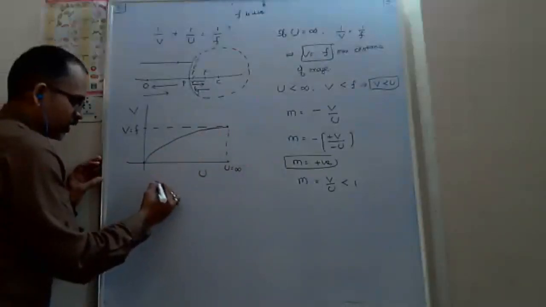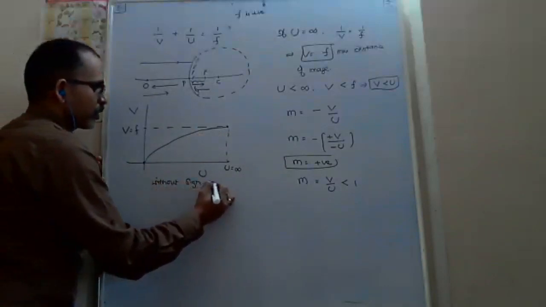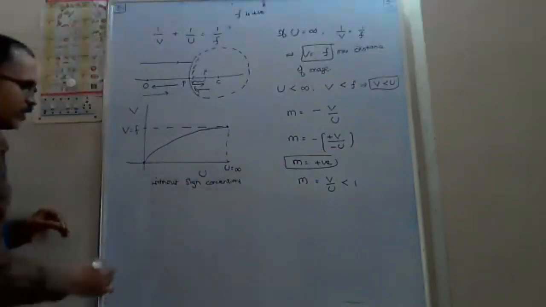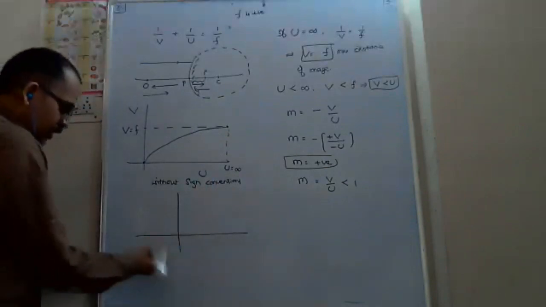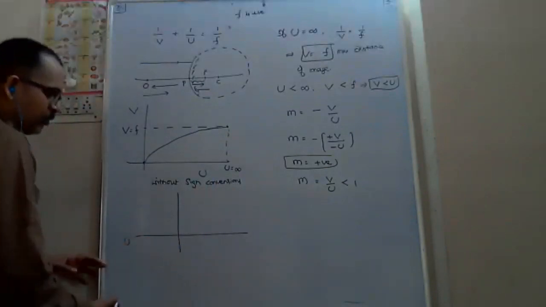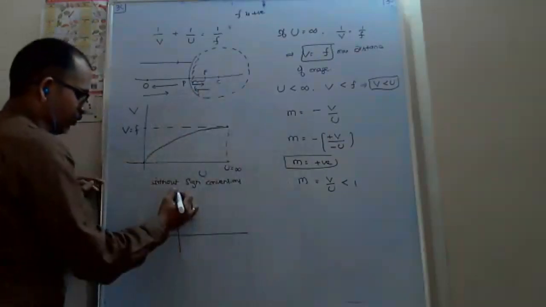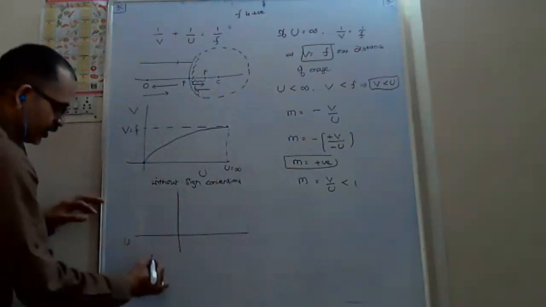Keep in mind, this is without sign conventions. With the sign conventions, it will come in some other quadrant. U is always negative and V is always positive, which means you will get the graph in the second quadrant. This is with the sign convention.